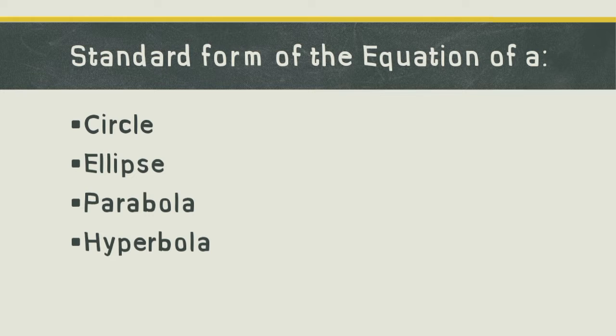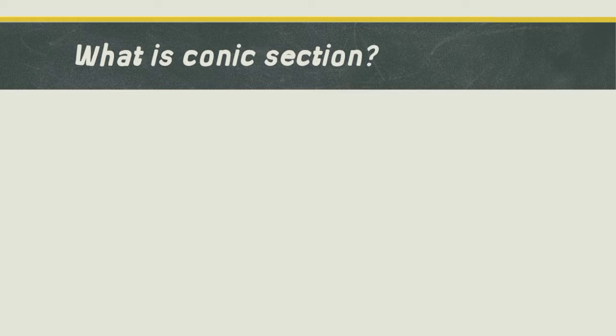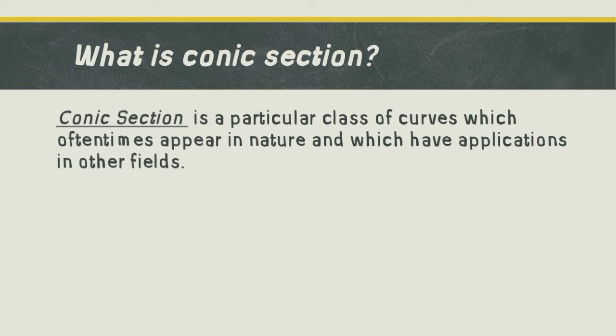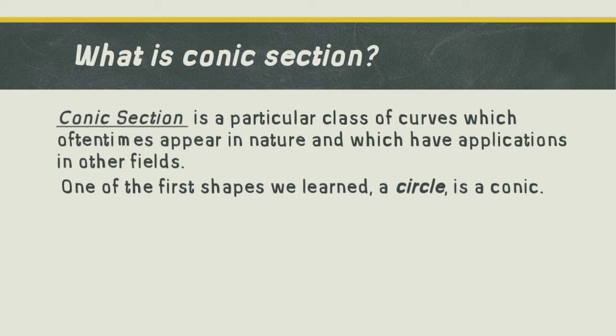Before we go through the standard form of each conic section, let us define first what is conic section. Conic section is a particular class of curves which oftentimes appear in nature and which have applications in other fields. One of the first shapes we learn is a circle.